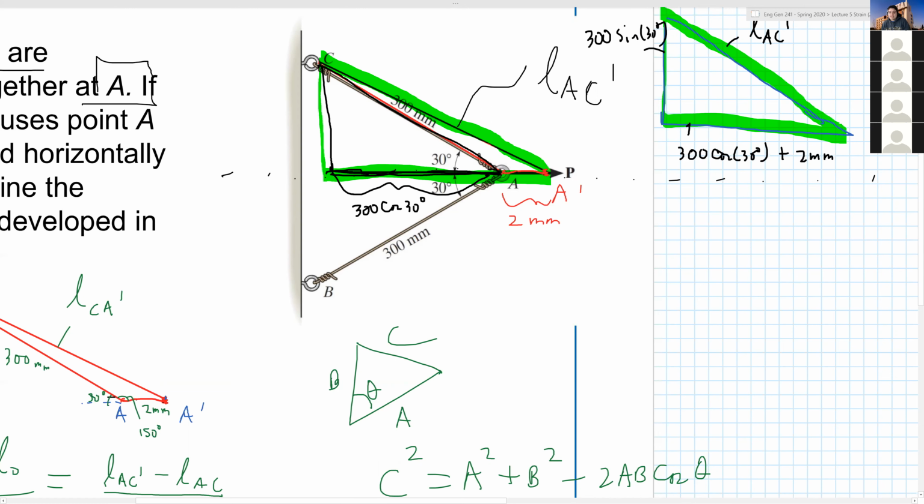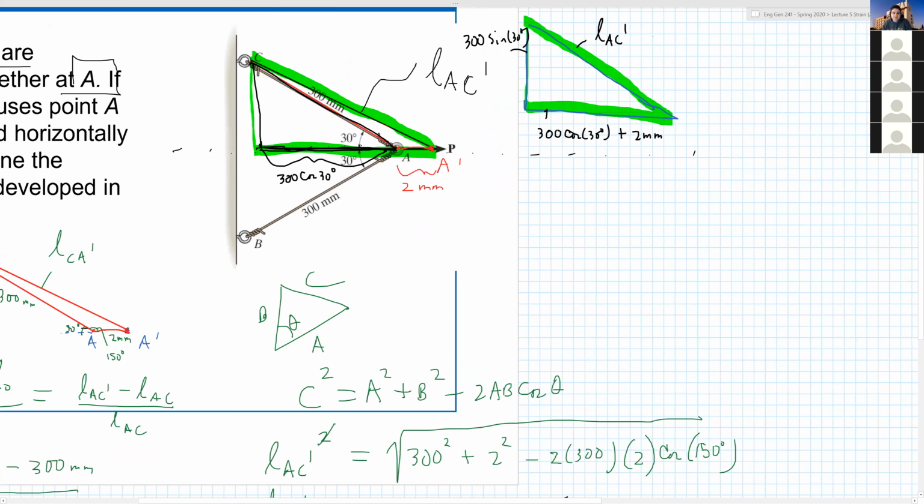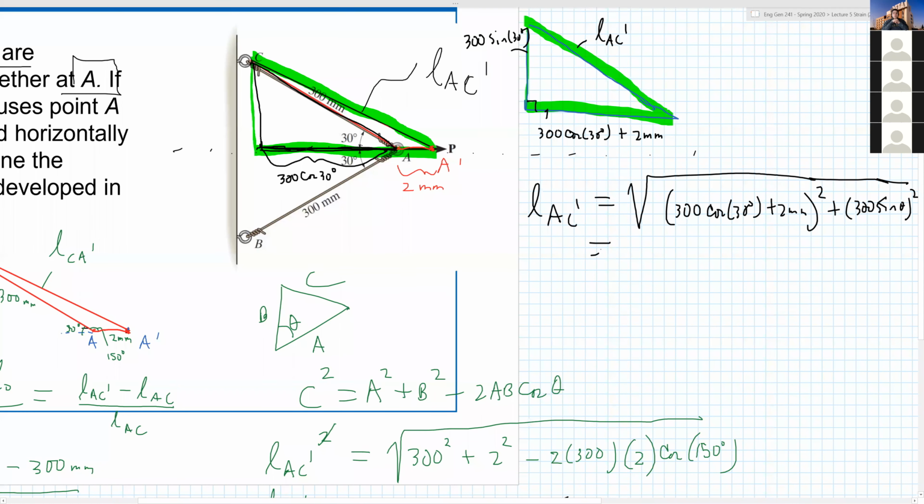This triangle allows me to now just solve it using the Pythagorean theorem. Because if I want to know what LAC prime is, it's equal to the square root of the base, 300 cosine 30 plus 2, quantity squared, plus 300 sine theta squared. Okay, and then what do you get there using the Pythagorean theorem?